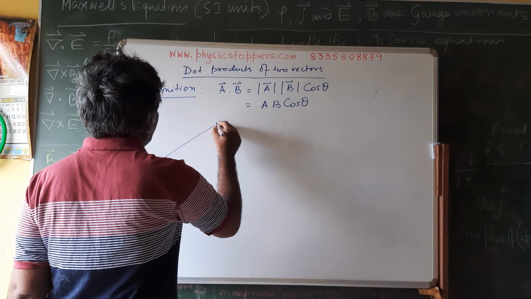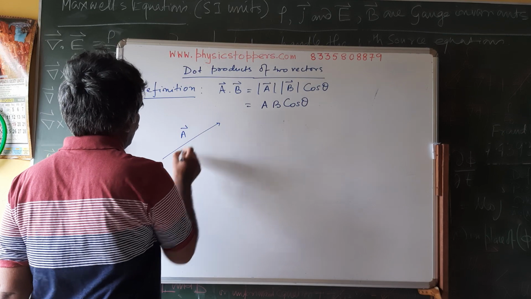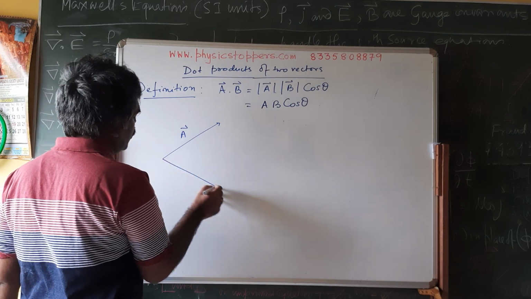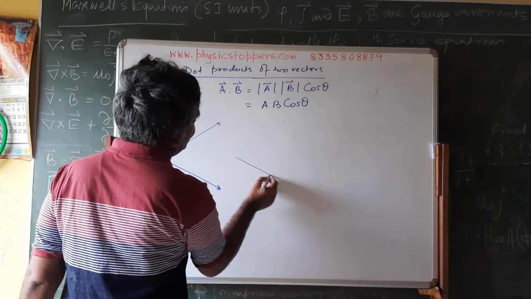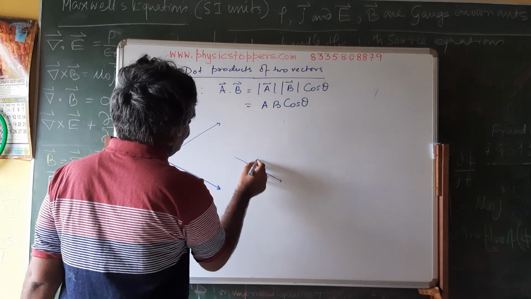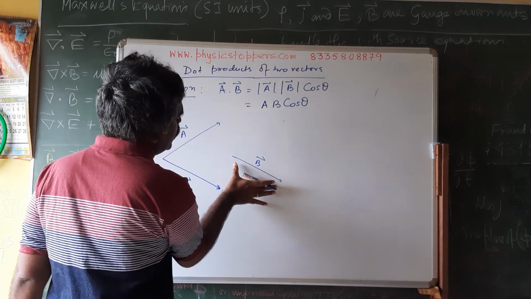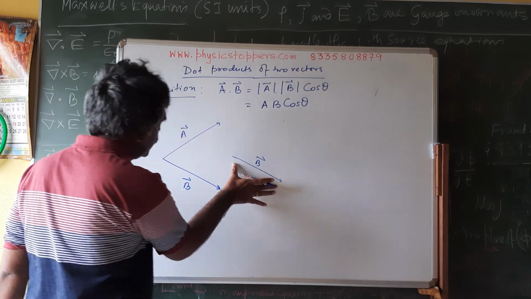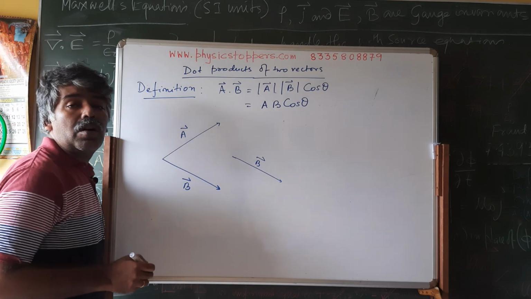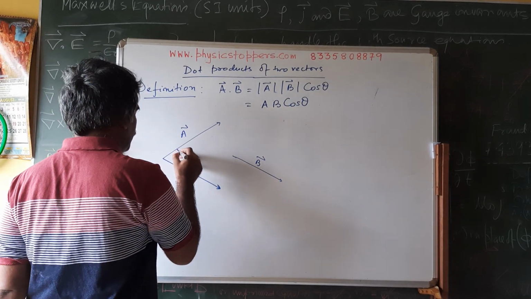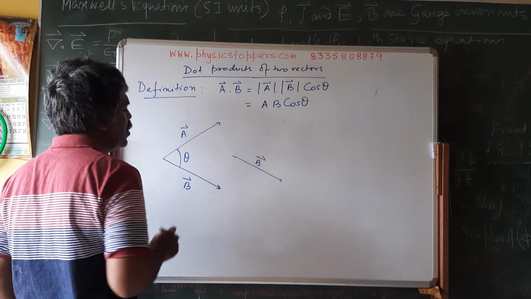Suppose you take a vector A and you take a vector B. This B could have been here, it's not a problem. Then you slide this vector, keeping it parallel to itself, and place it here so that the starting point of the two vectors remains the same and the angle between them is theta.